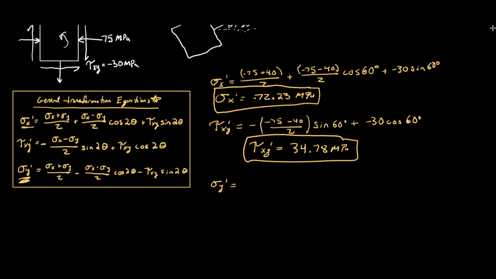So we do that again. We have sigma x plus sigma y, so negative 75 plus 40, divided by 2, minus negative 75 minus 40, in parentheses, divided by 2, times the cosine of 60 degrees, because it's still 2 theta, minus, so a minus and a negative becomes a positive, 30 times the sine of 60 degrees.